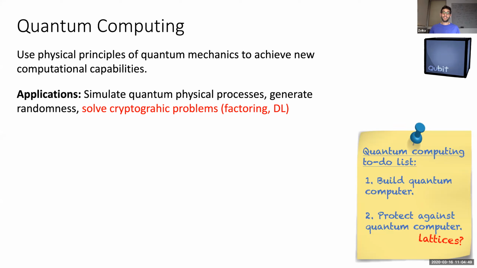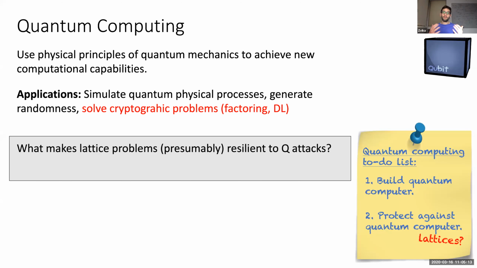Lattices are one of the most promising, or maybe the most promising, approaches towards obtaining post-quantum secure cryptography, in the sense that it allows us to construct cryptography that, as far as we know, is resilient to quantum attacks. But before we put all our eggs in this basket, we need to try to understand as much as we can what makes these lattice problems presumably resilient to quantum attacks.